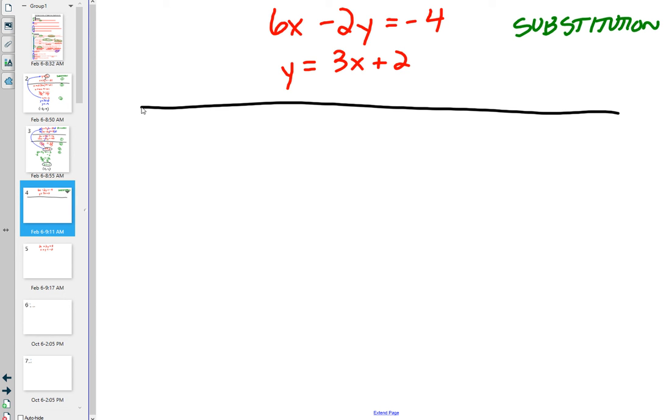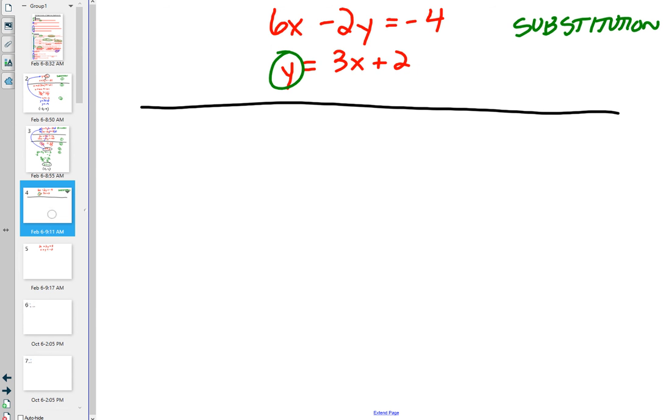Donnie said substitution. The reason why Donnie said substitution is because we had a variable by itself. So bam, look, step 1 is done. I don't expect you to label your steps, but I'm just letting you know so you can follow along and feel educated. Now, because I have that variable by itself, that's what allows me to substitute.